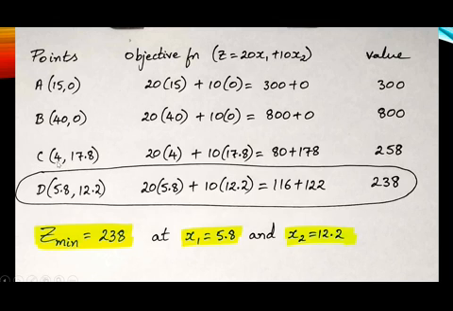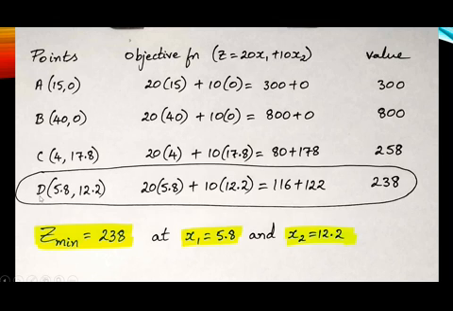Now C is 5.8, 17.8. So when you substitute it in the objective function, you get 20 into 5.8 plus 10 into 17.8. 20 into 5.8 is 116. 17.8 into 10 is 178. 116 plus 178 gives you 294.